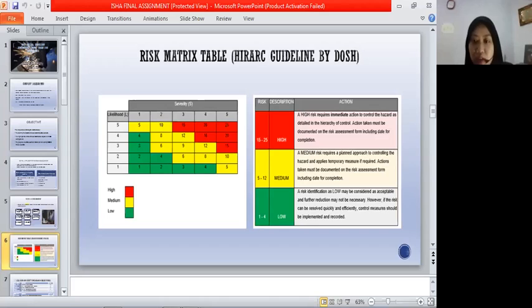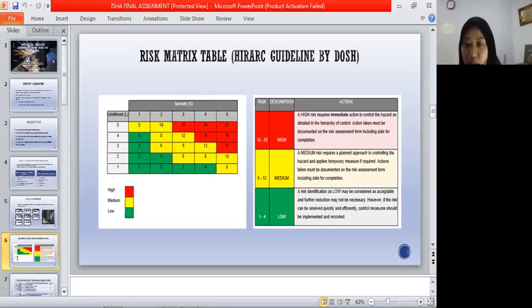Action taken for high risk requires immediate action to control the hazard as detailed in the hierarchy of control. Action taken must be documented on the risk assessment form, including that for completion. Medium risk requires a planned approach to controlling the hazard and applying temporary measures if required.